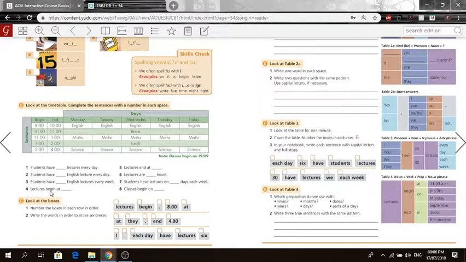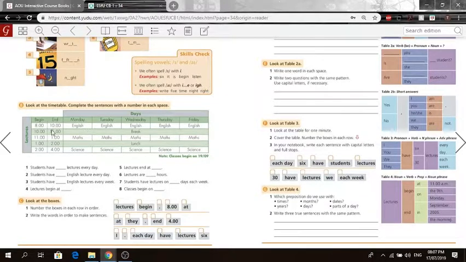Number 4, lectures begin at 8 o'clock. You can write it like this. You can write it 8 a.m. if you want, whatever you see fit, or whatever works for you, I guess. Okay. Number 5, lectures end at 4 o'clock. Same thing. Okay. 6, lectures are 2 hours.